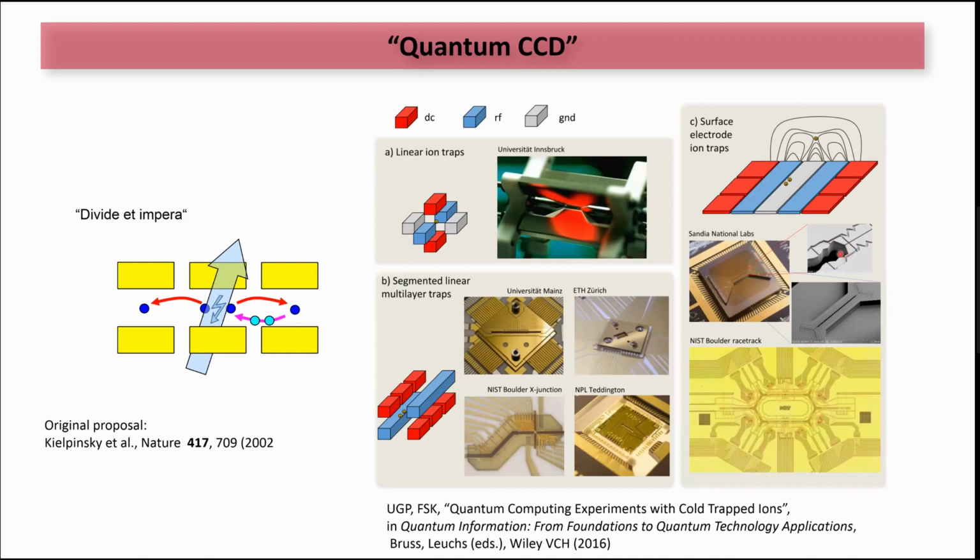Here, as you see, junctions, such that ions can be moved around in circular structures, but this comes at the price that the confinement here is less ideal, and these traps are somewhat harder to operate in practice.